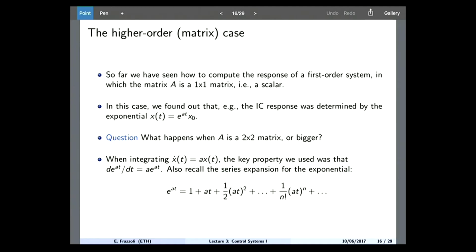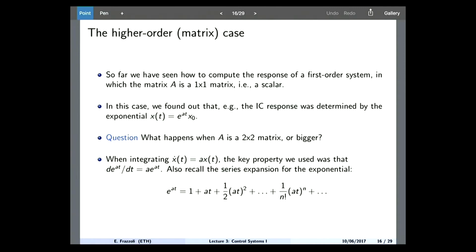If you realize that the key property of the exponential was that if we substitute x of t equal to e to the power at, the derivative of this function is equal to a times that function, that really tells me that the exponential is the solution to x dot equals ax.